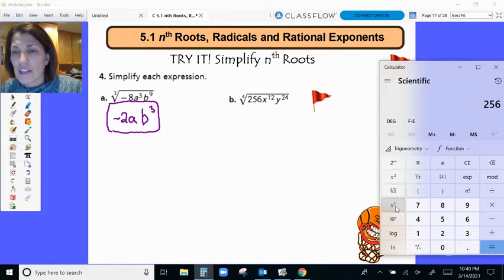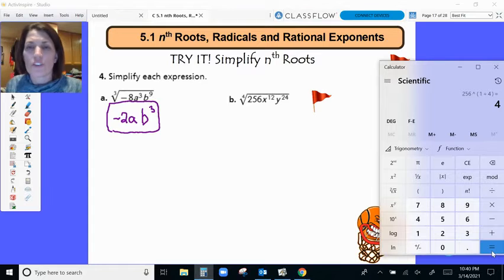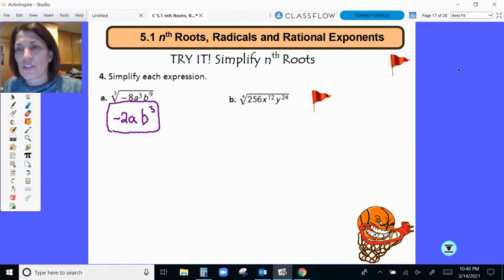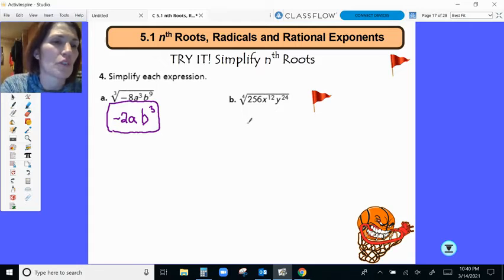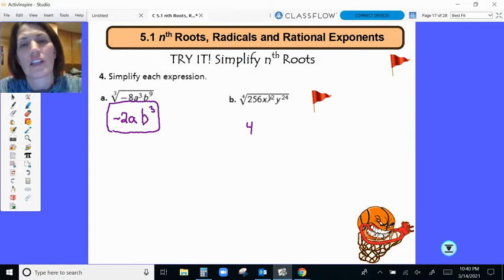Sometimes you might have the caret button, sometimes you might have this x to the y function. Put it in parentheses, 1 divided by 4, so that tells me it's to the power of 1/4, okay, which is 4. All right, so we know that the 4th root of 256 is 4, which means 4 times 4 times 4 times 4 is 256, okay.